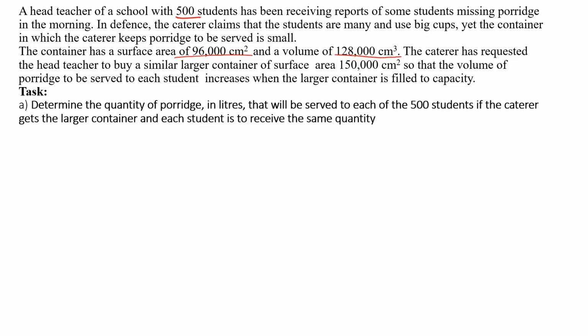Then the caterer has requested the head teacher to buy a similar larger container of this surface area, so that the volume of porridge to be served to each student increases when the larger container is filled to capacity. Determine the quantity of porridge in liters that will be served to each of 500 students if the caterer gets the larger container and each student is to receive the same quantity.